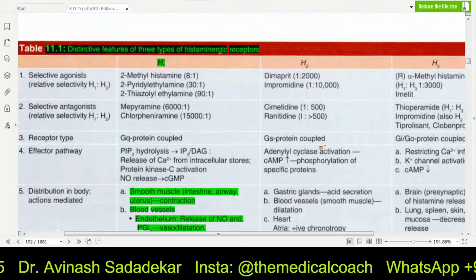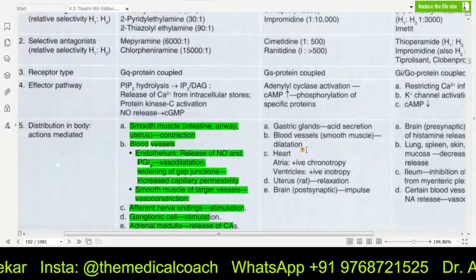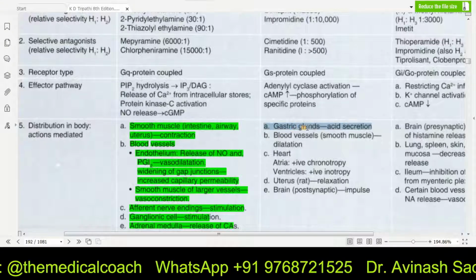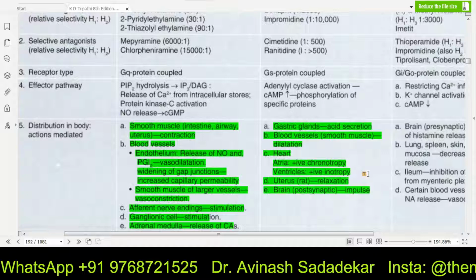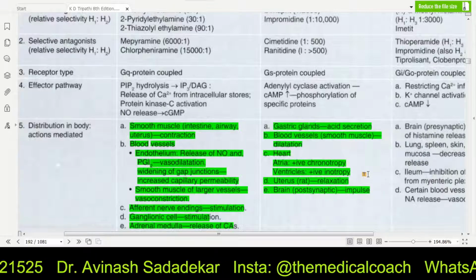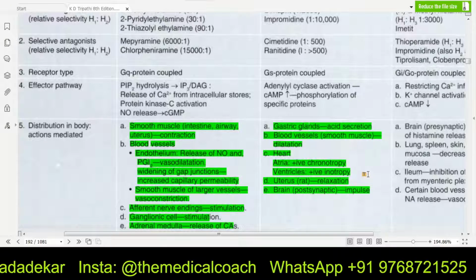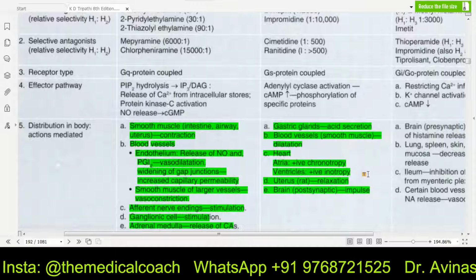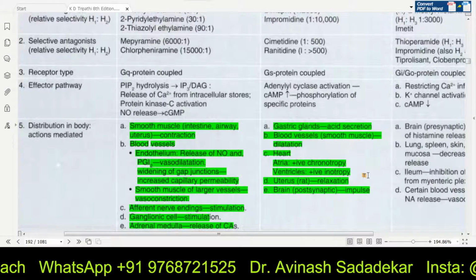Let's talk about the H2 receptor. For us, the most important thing is it's present on the gastric glands and it aids in acid secretion. H2 receptor blockers, that is H2 antagonists, have already been covered in detail in another topic in GIT. So we are not going to discuss H2 blockers at all.